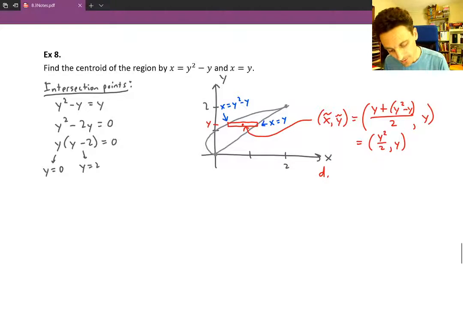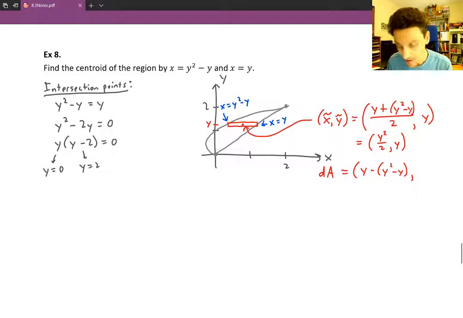Now the other thing we have to find is dA, which is the area of one of those infinitely thin rectangles. And for that, we're going to do the length of this rectangle, which is the right x value minus the left x value. This is going to be y minus (y squared minus y), times dy.